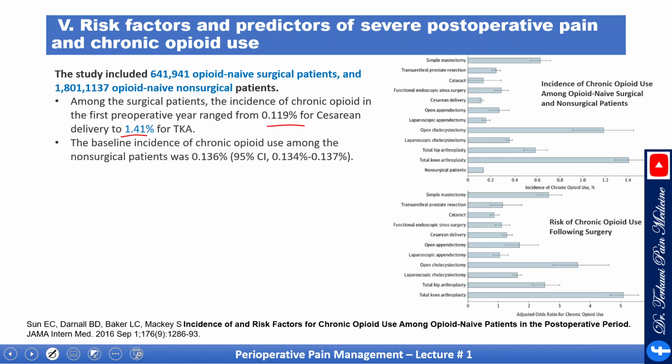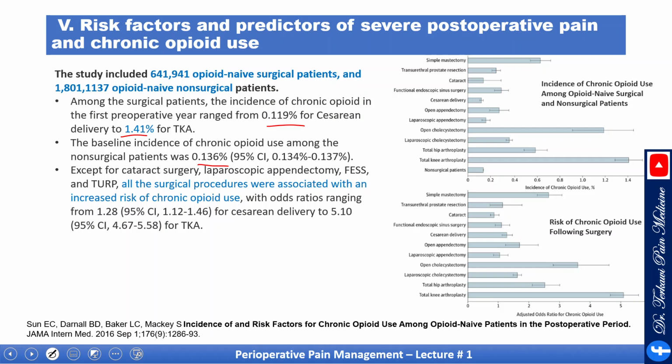The baseline incidence of chronic opioid use among the non-surgical patients is way lower. Again, the same concept, except for cataract surgery, laparoscopic procedures, and TURB, all surgical procedures were associated with an increased risk of chronic opioid use.